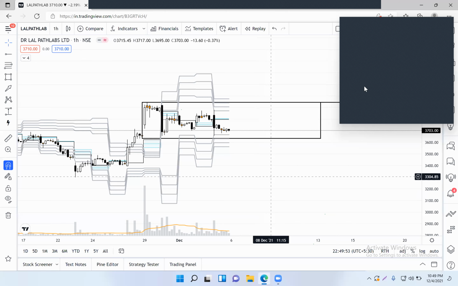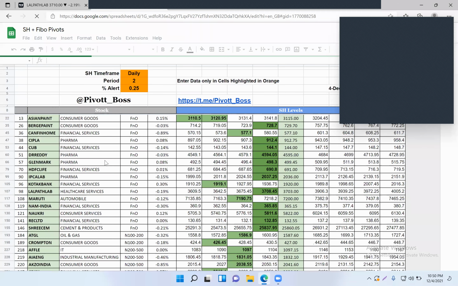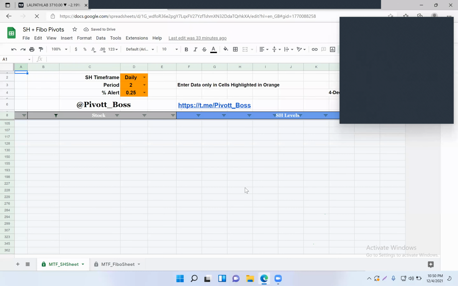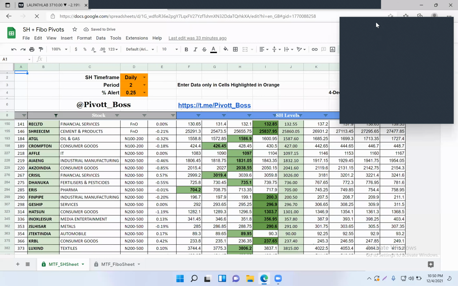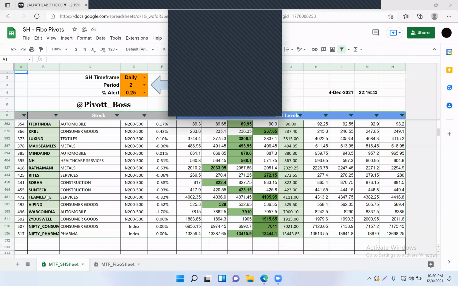There are many high beta stocks if you watch this out here. You can also decode sectors here.